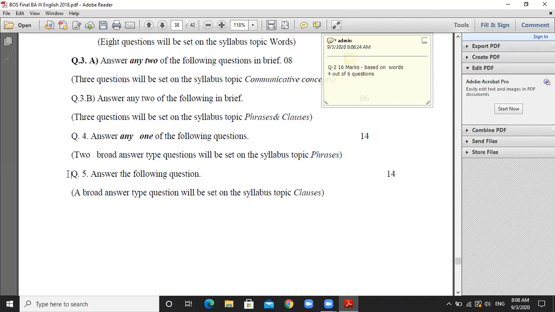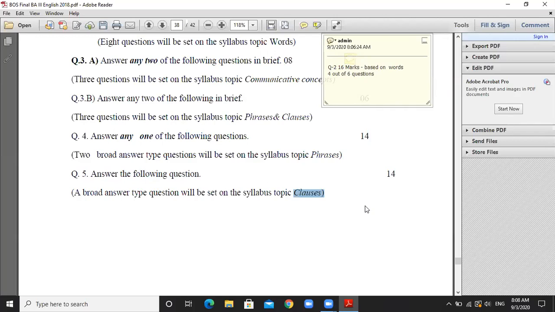But you don't have this kind of option in question number 5. Because in question number 5, only one broad answer type question will be asked, and that question will be based on the topic clauses. Here you don't have any internal option. May the question be easy or difficult, you have to answer the question without any option.